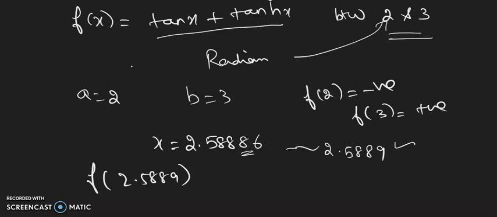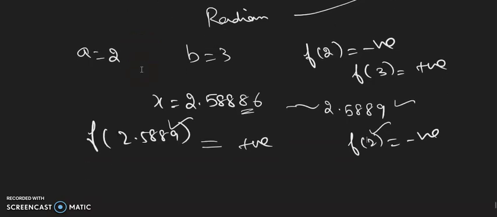So if this value is opposite to f of 2, which is negative, and again this seems to be positive, then this is your new A, this is your new B. Again you are going to repeat the process and solve it on your own. And in the third iteration, again the root lies between 2 and 2.45137.